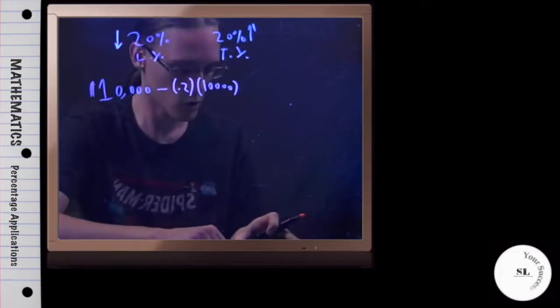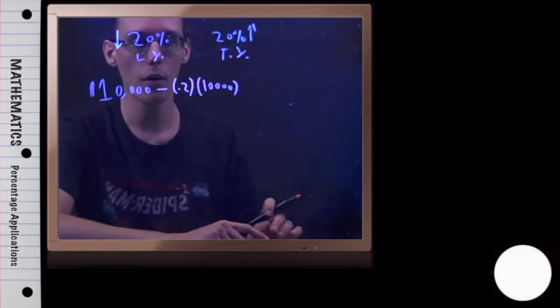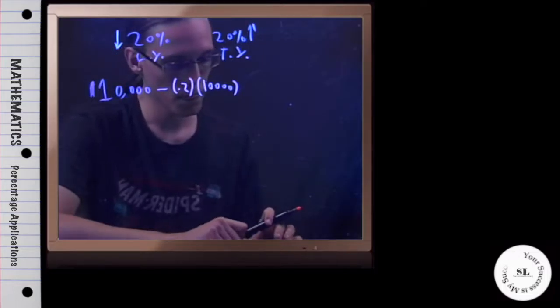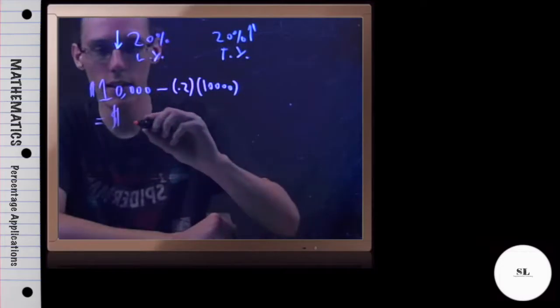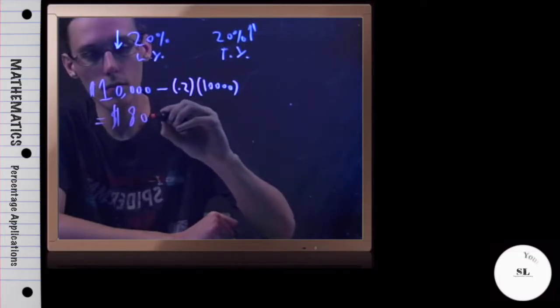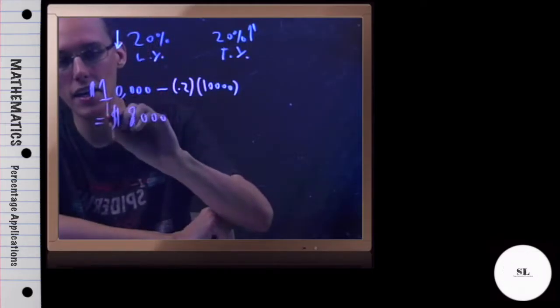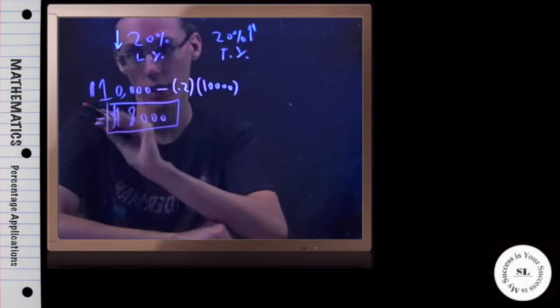So let me just chuck this in the calculator. 10,000 minus 0.2 times 10,000. And that gives me a value of $8,000. So last year our investment fell 20%, and so at the end of that year, this is what we now have in our investment.